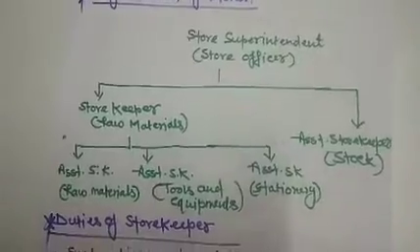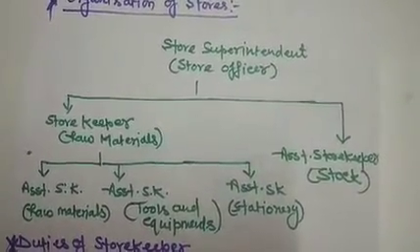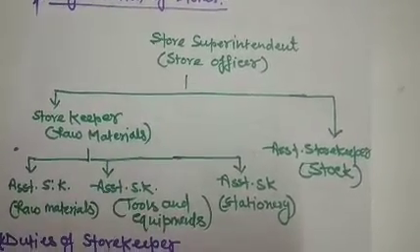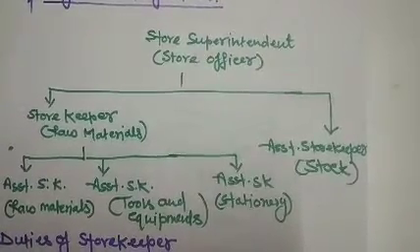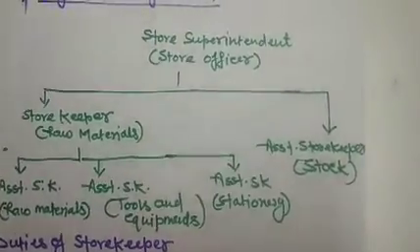Now we'll discuss organization of a store. Have a quick review on organization of stores, right? There is a central store superintendent or store official. Under the store official, there are storekeepers, right?